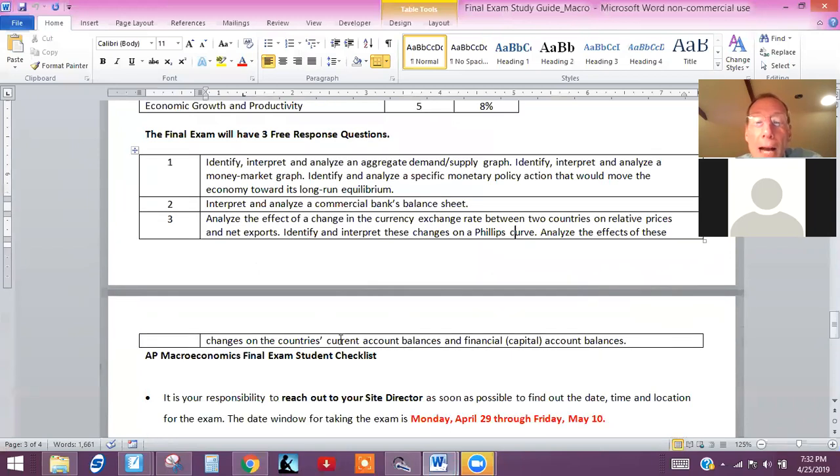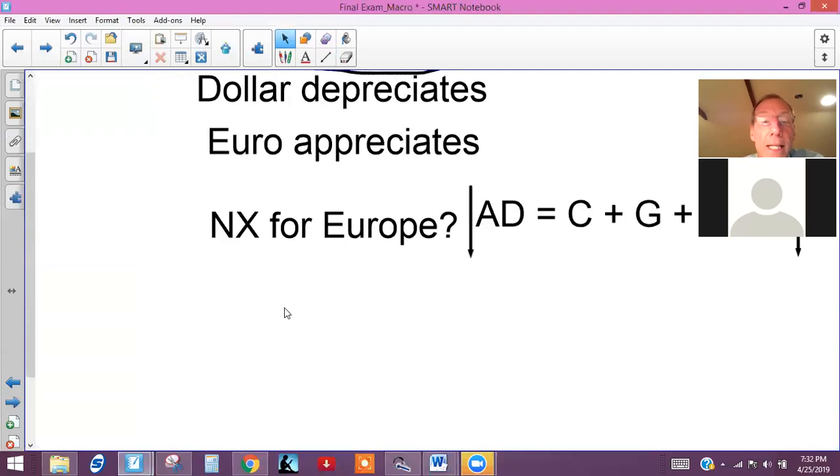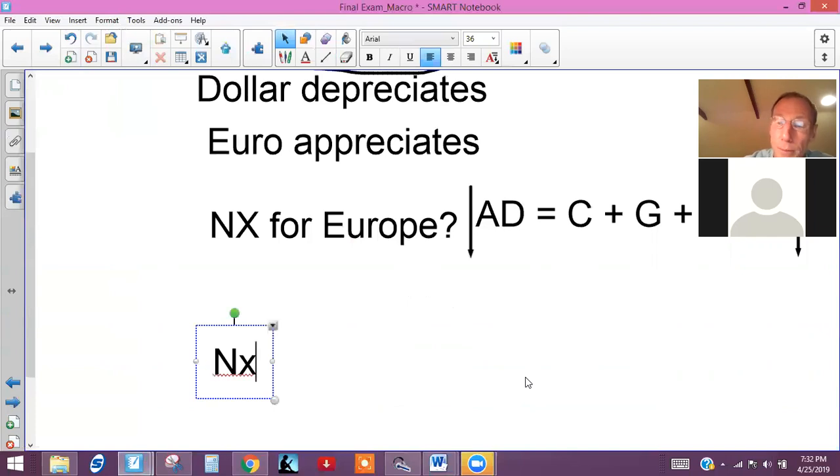Okay. Well, actually, the last thing here is you should know, and this is review. If net exports go up, let me just get an arrow.